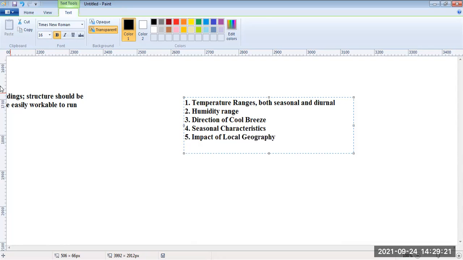which I told you, if you are living in mountainous regions, there the local geography changes after every few meters. Impact of adjacent buildings. If there are very close buildings, you may not get the cool breeze during the summers when you expect it, and during the winters you do not get the solar heating which you expect.